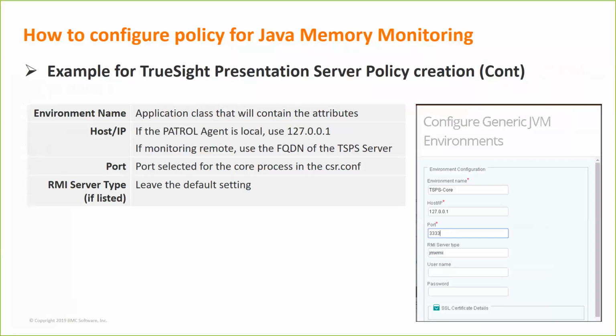For the RMI server type, we just leave the generic setting of JMX RMI. And for username and password, as we talked about earlier, the authentication was set to false, so we're not going to be using that. The SSL certificate details we also had false in the instrumentation portion, so those will be left blank.